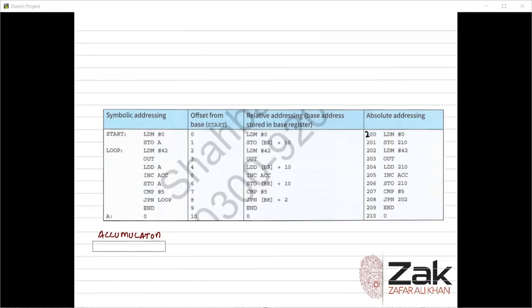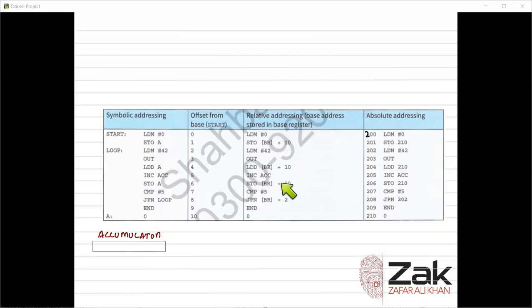In a computer system, as soon as a new program is loaded, the address of first instruction is loaded into the base register. So base register would have 200 in it.